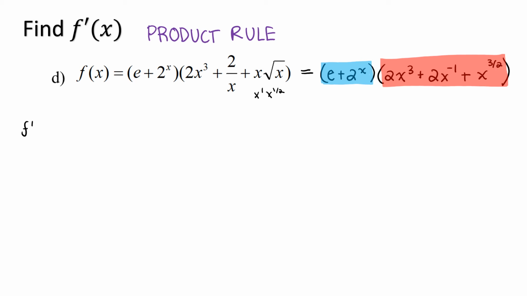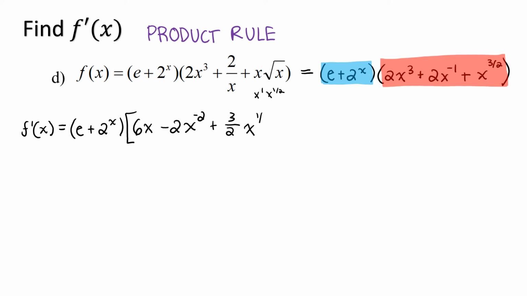So f prime of x is equal to our first function, e plus 2 to the x, times the derivative of our second function, so 6x minus 2x to the negative 2 plus 3/2 x to the 1/2, plus our second function, 2x cubed plus 2x to the negative 1 plus x to the 3/2 times the derivative of the first function.